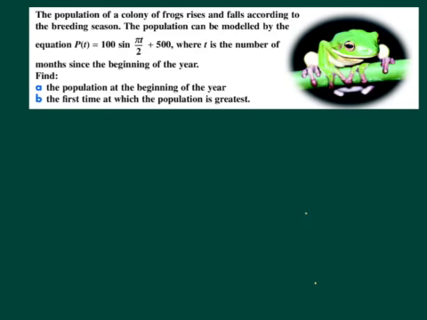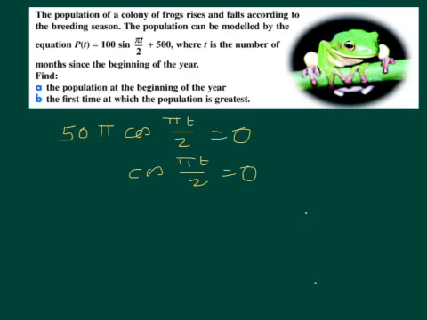Now, we know that our graph has a maximum when the derivative is equal to 0. So we take our derivative, 50 pi cos (pi t over 2), and make it equal to 0. In simplifying this equation, we divide by 50 pi, and we get cos of (pi t over 2) equals 0.